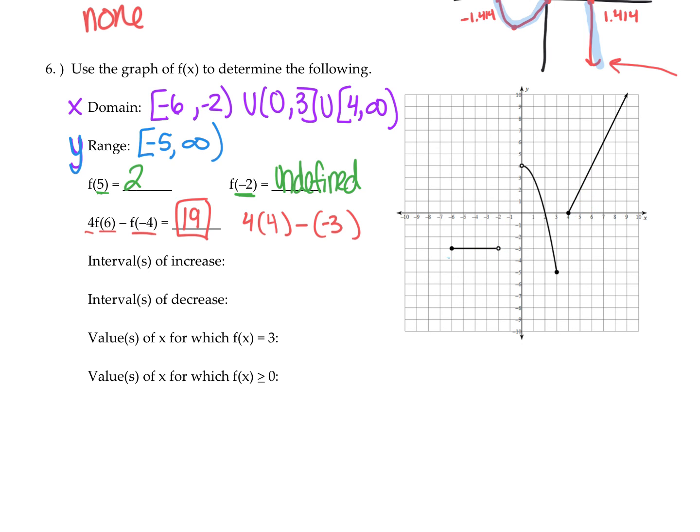Now it's asking about intervals of increasing and decreasing. So when I look from left to right on this graph, this piece is constant, so it doesn't fall into either category. This piece is decreasing, so it's going to decrease from 0 to 3. This piece is increasing, so it's going to increase from 4 to infinity.